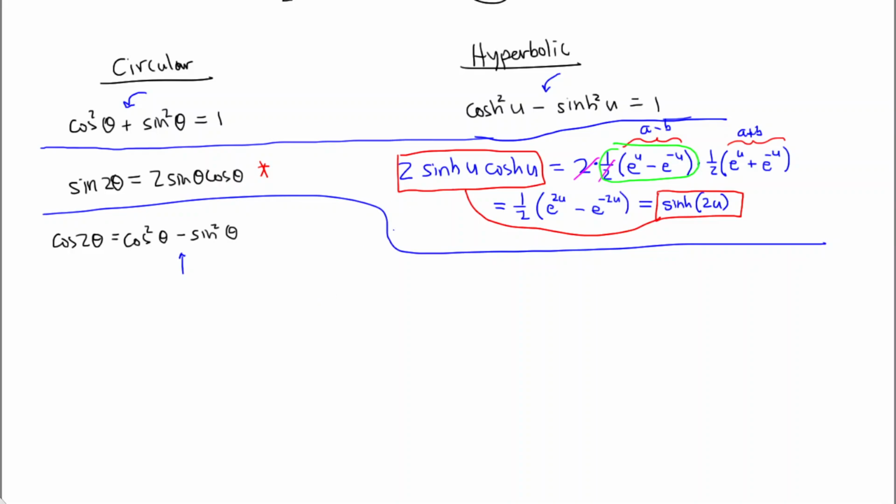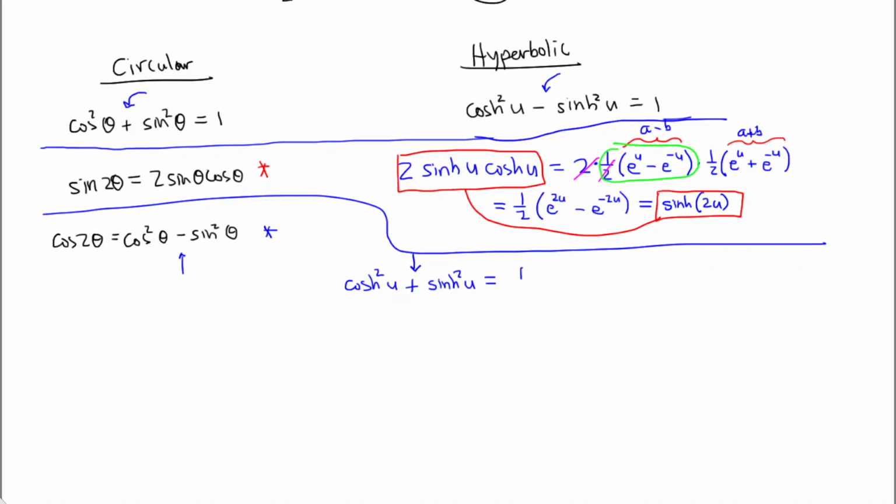Okay, so now let's start with the right-hand side of the cosine 2 theta identity. In this case, let's take cosh squared u plus sinh squared u. In other words, I'm trading the minus for the plus. And then once again, we'll use the exponential definitions here and see what we get.